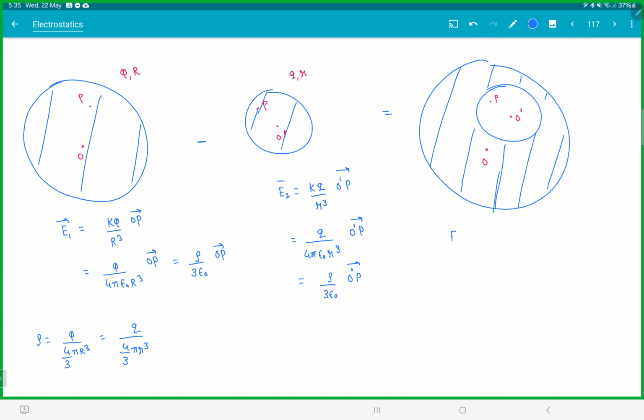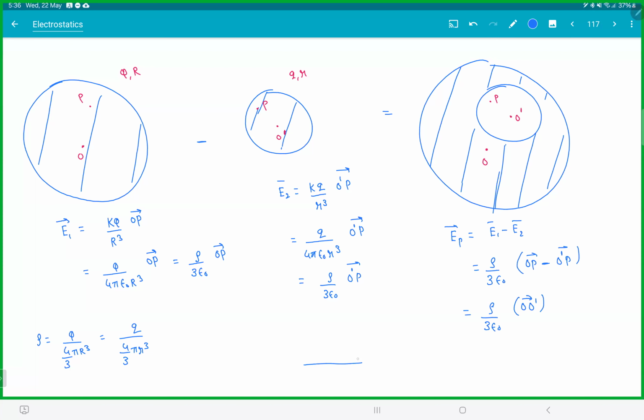So the field at point P is simply E1 bar minus E2 bar, which is rho by 3 epsilon into OP bar minus O dash P bar, which is rho by 3 epsilon OO dash bar.